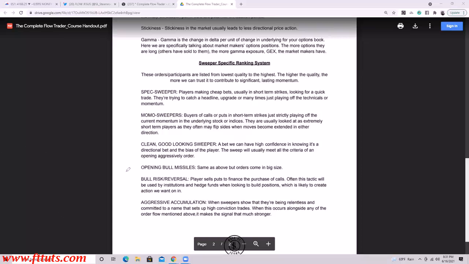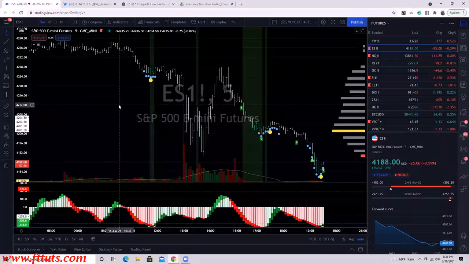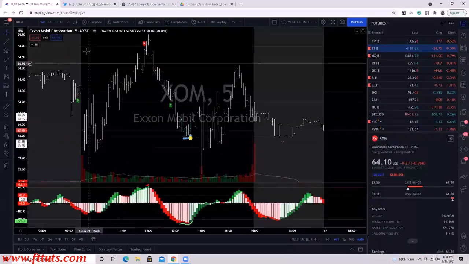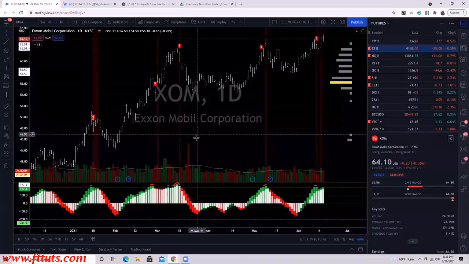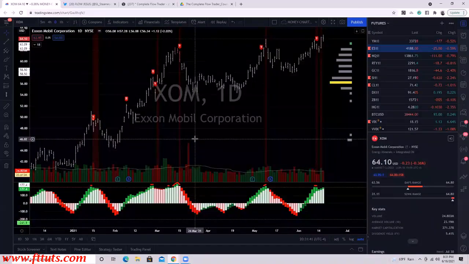We've seen it, you talk about all these energy names or tech names. Look, today, ExxonMobil. We've seen some good-looking action in ExxonMobil, okay? But today you see momentum sweeps, right? Today, you saw what they were playing? 19 cents.